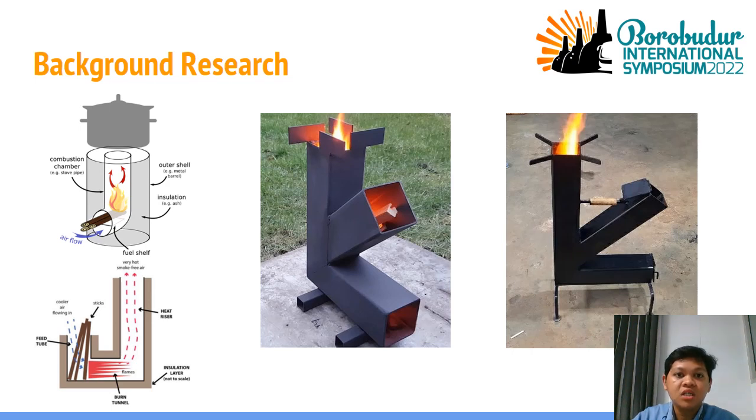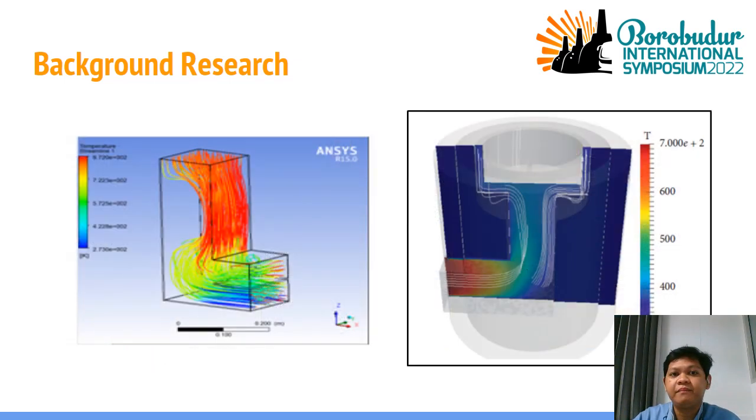The design process of cookstoves has evolved significantly, from trial and error to simulation analysis, such as finite element analysis and computational fluid dynamics. So, what is computational fluid dynamics? Computational fluid dynamics is an analytical method that produces quantitative predictions of fluid flow phenomena.